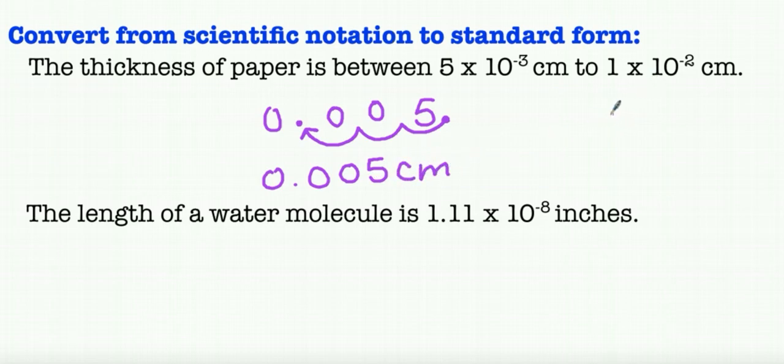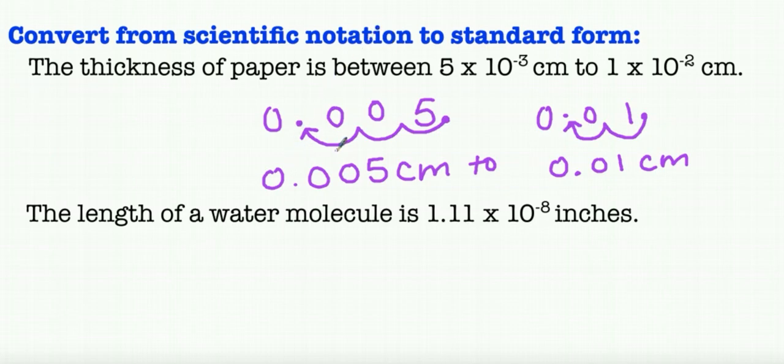And then here I'm going to write 1. Because it's negative, I'm moving to the left 2. 1, 2. So I have 1/100 of a centimeter. So the thickness of a paper is between 5 thousandths of a centimeter and 1/100 of a centimeter.